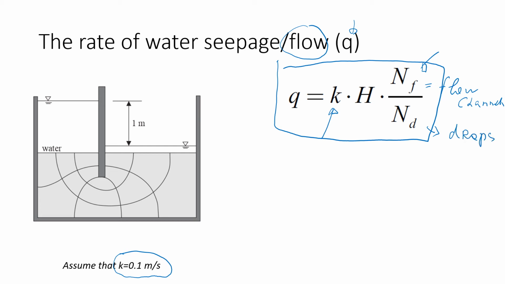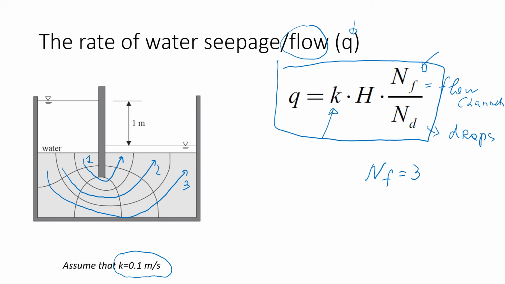So let's just find these numbers first. The way to do it, we would select the flow channel. First, we'll calculate flow channels for this flow net, and we already know that there are 3. So this one is flow channel number 1, this one is number 2, and this one will be number 3. So we have 3 flow channels, and NF is equal to 3. And now we're going to count drops.